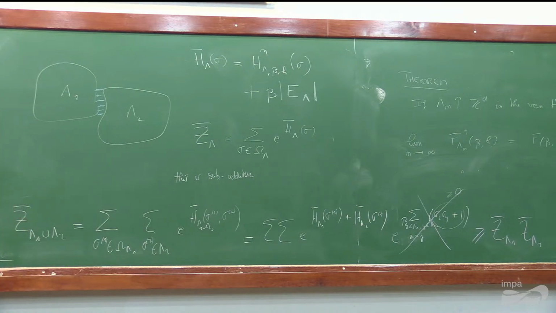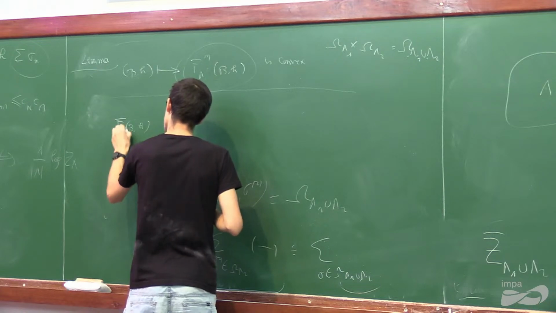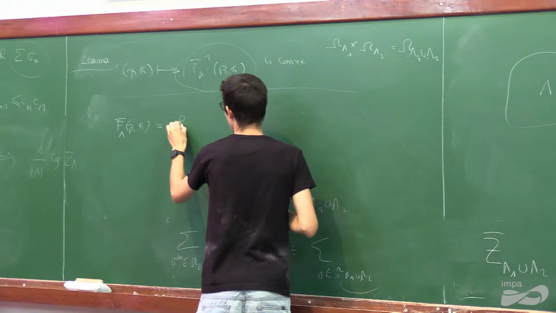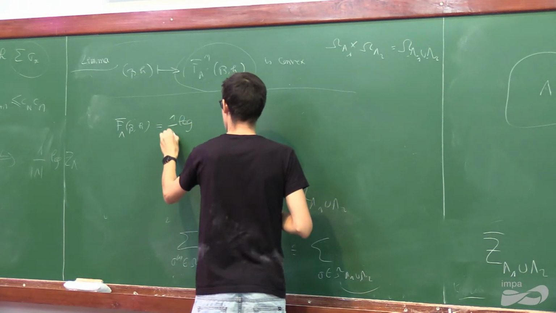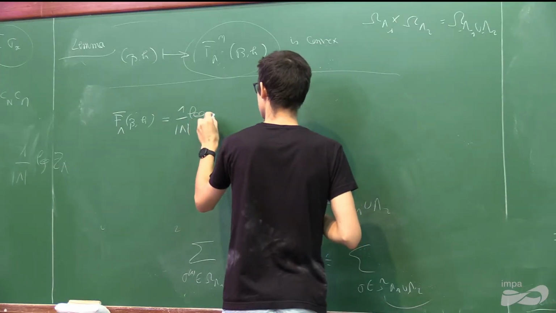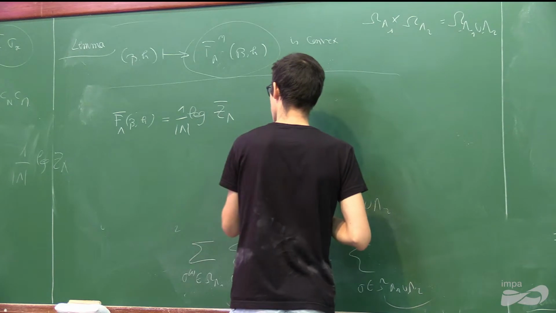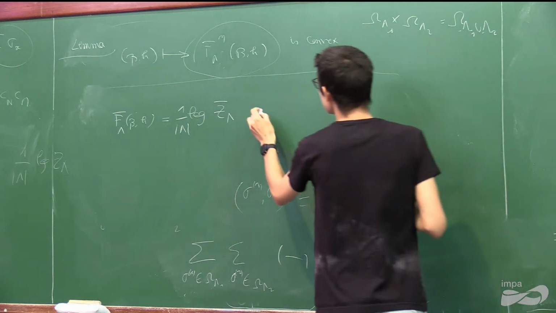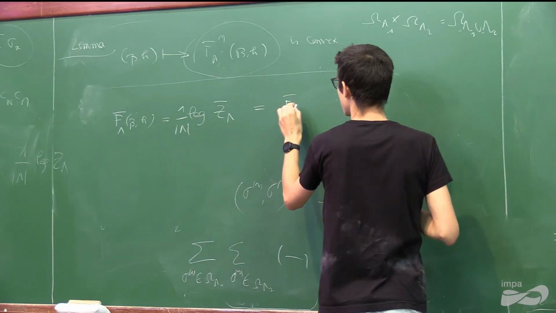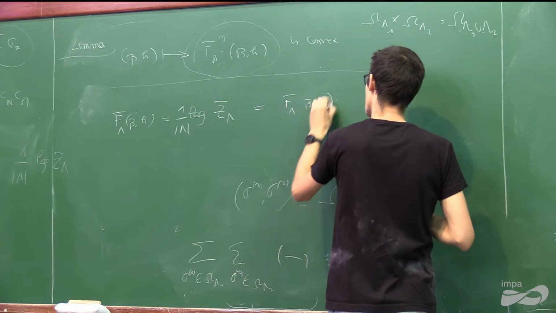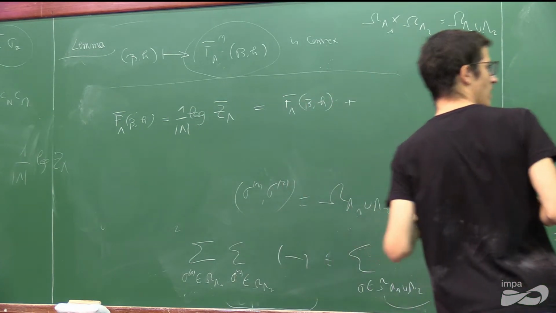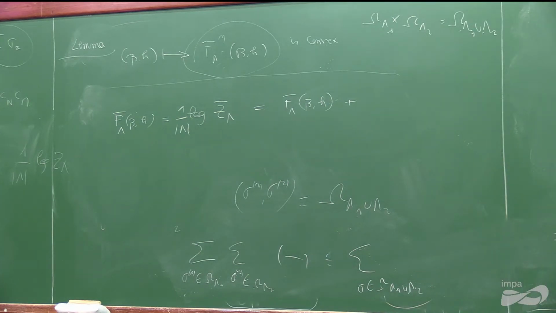So if I define f beta h, which is equal to log 1 over lambda of log z lambda, well, this is equal to f bar beta h plus something.